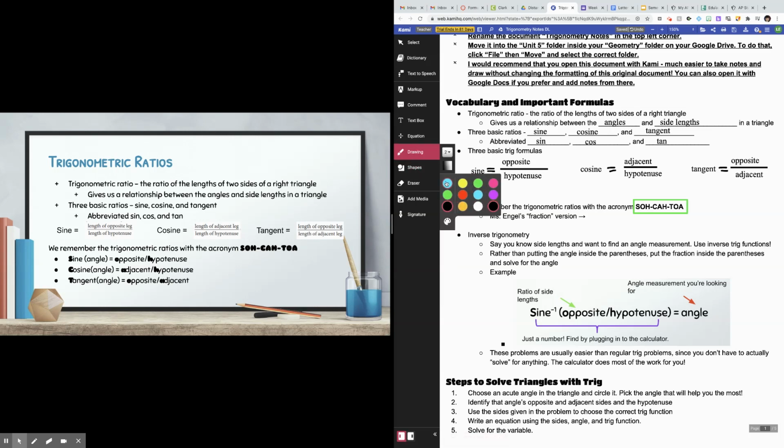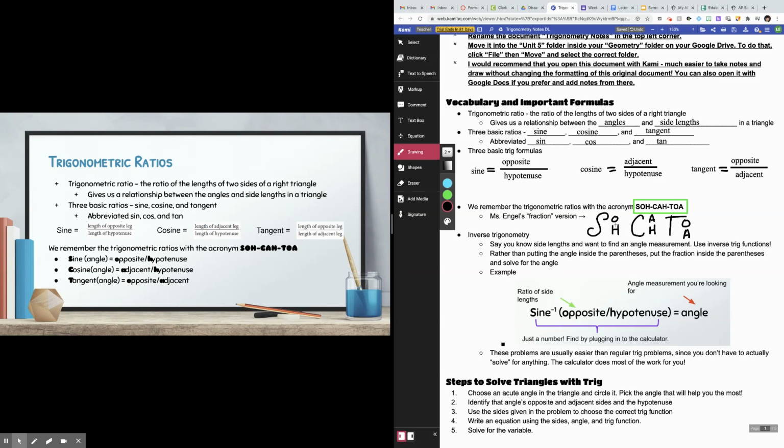You'll see me write it very often with something that I call my fraction version. If you look on the right side of your screen, you'll see me write it this way, with a big capital S, O over H, C, A over H, T, O over A. I write it this way because it has all the benefits of the acronym: S for sine, C for cosine, T for tangent.